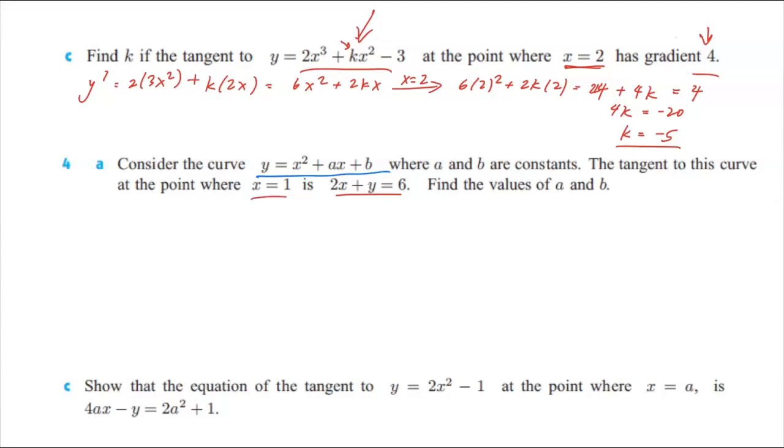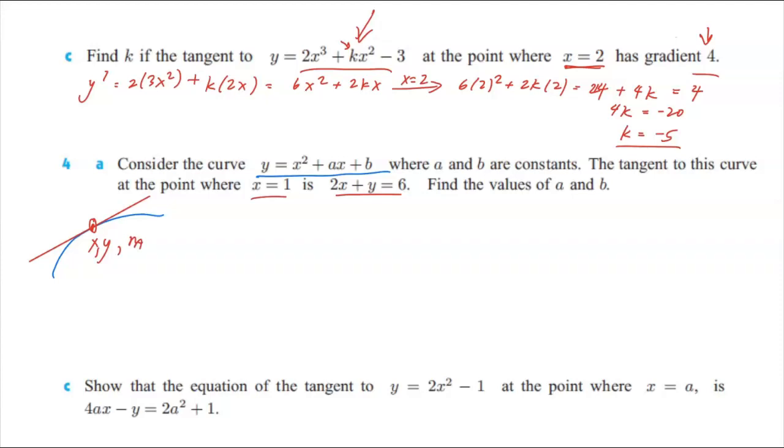Now, this is not an easy problem, but just don't lose sight of the fact that the curve and the tangent line have the same x and y coordinates at this special tangent point, and they have the same slope. They're all equal, so take advantage of that.